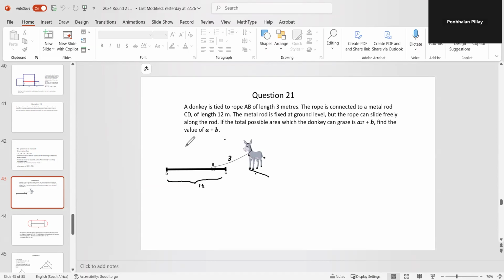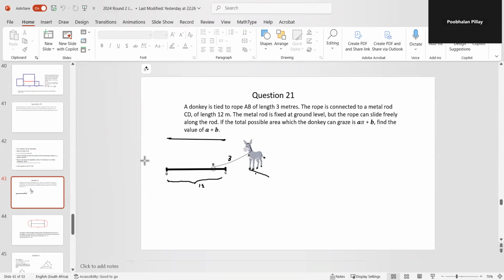So you can have all these points where the rope is 3 meters long, which can form a boundary. Every point here is attainable by the rope, but nothing beyond that. Okay, but when it comes to this end here, then even if the rope is taut, it's not moving anymore. It comes to the end.